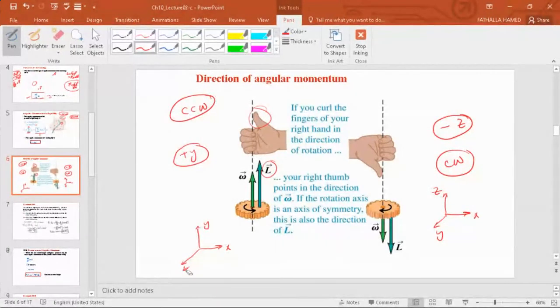The same thing here: you can change this to y and this to z, and of course this will be positive z. You have to look at which is counterclockwise and which is clockwise, and you can decide on the direction of your angular momentum. So is this clear on how you decide the direction of the angular momentum?